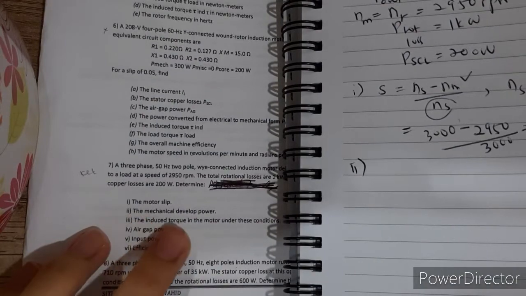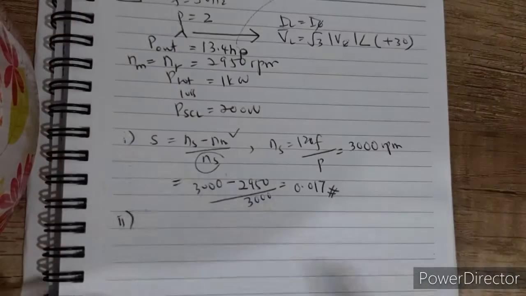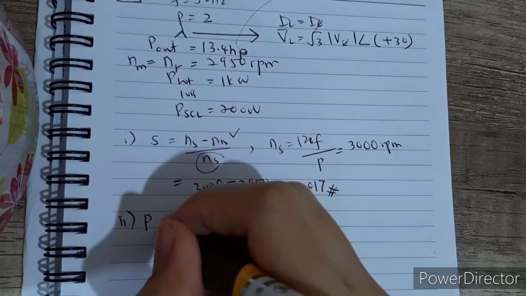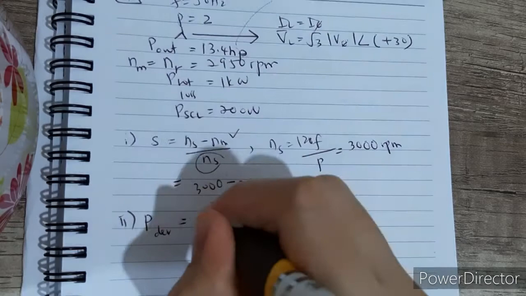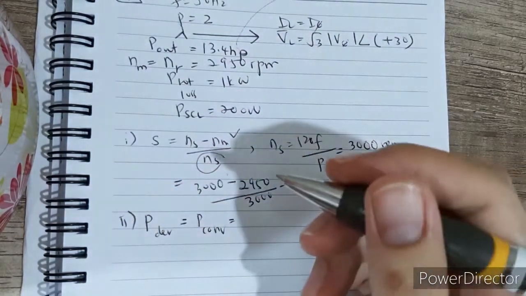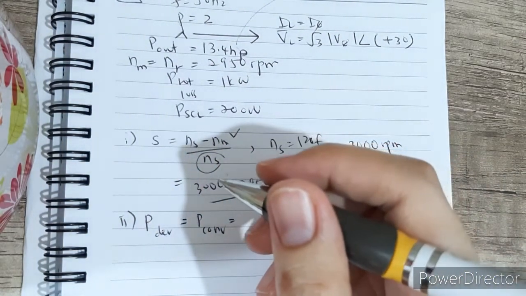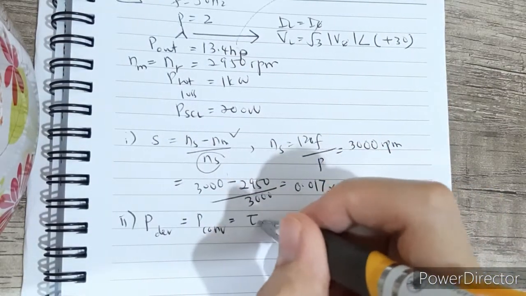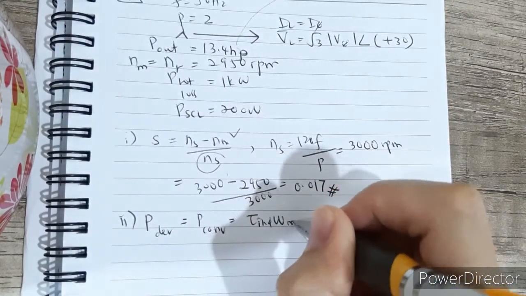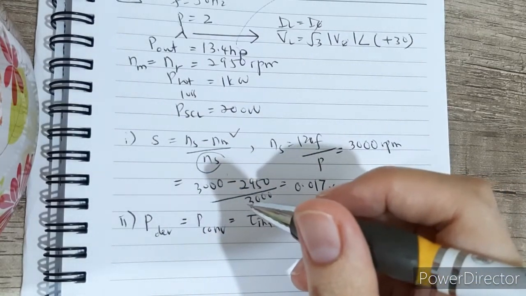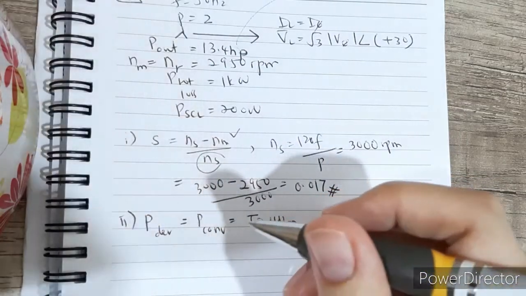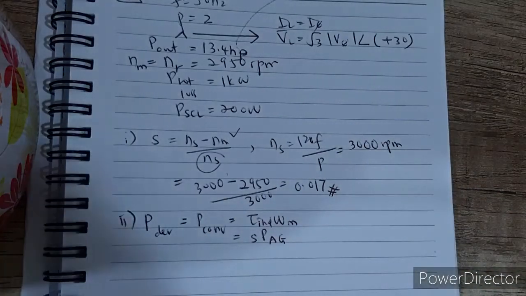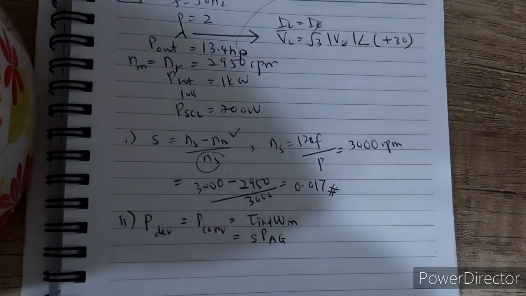Number 2, the mechanical developed power. The mechanical developed power, also known as converted power. So write down the formulas for converted power that you know first. Induced torque times omega m. What else? Another one is (1 minus S) times P air gap.